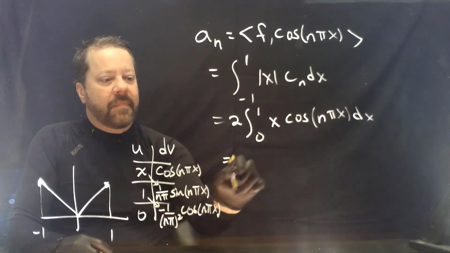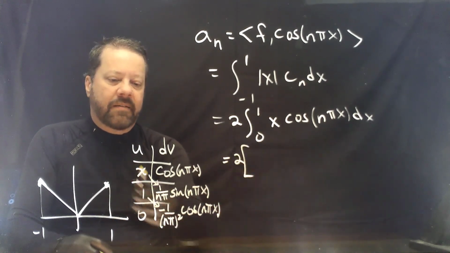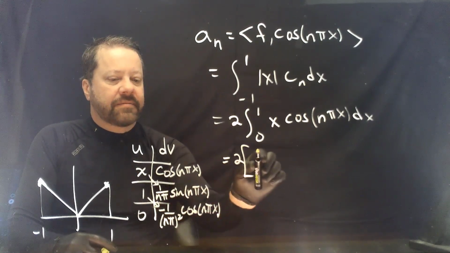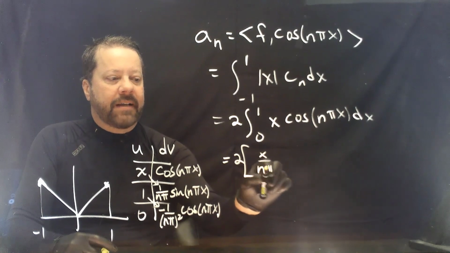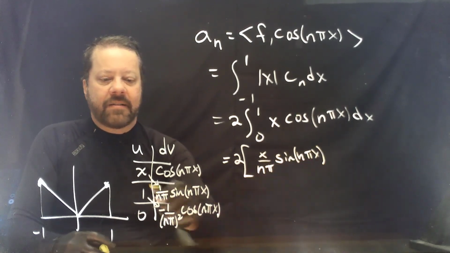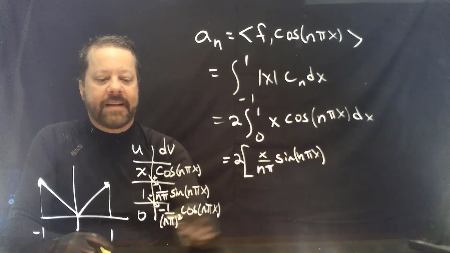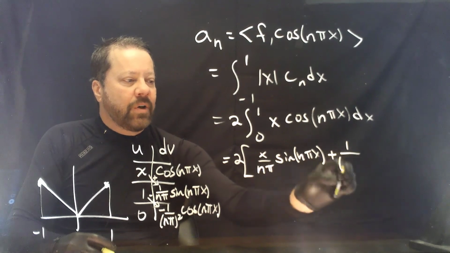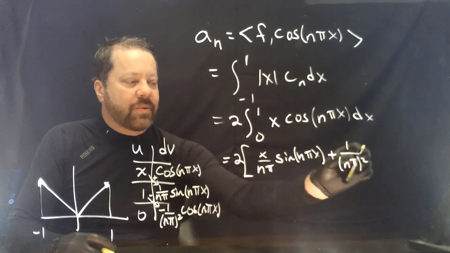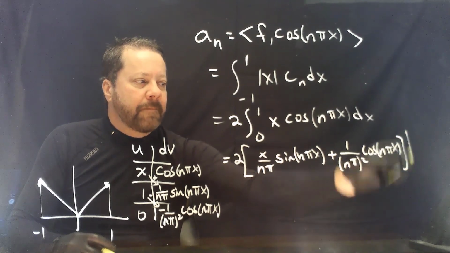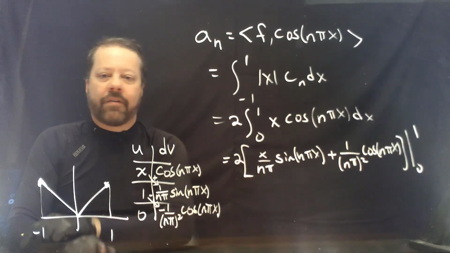We'll get twice x over n pi sine n pi x plus on this one, minus on this one. Minus a negative is plus 1 over n pi quantity squared cosine n pi x, evaluated, of course, from 0 to 1.